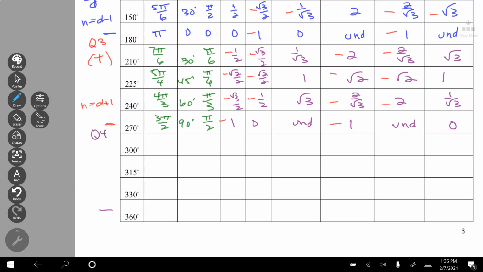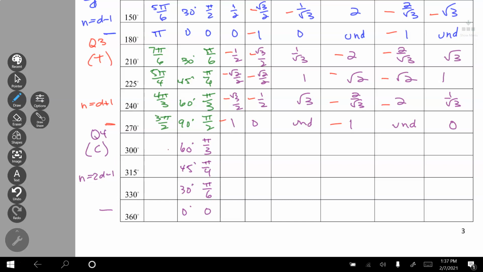This is quadrant 4. This is where cosine is positive, and all the numerators are going to be 2 times the denominator minus 1. So this reference is 60, 45, 30, and 0, or pi over 3, pi over 4, pi over 6, and then finally 0.